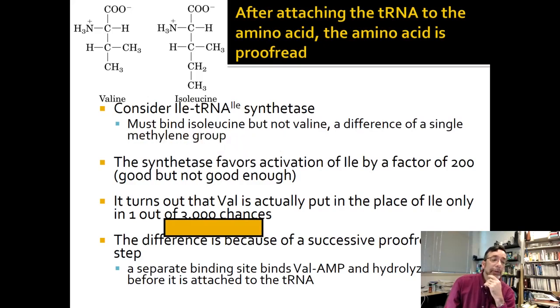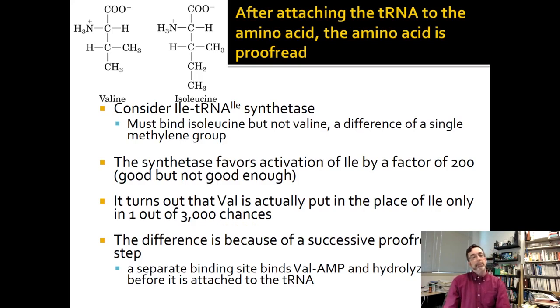So it turns out that the synthetase itself has a binding site that fits isoleucine, but it's only able to discriminate by a factor of 200. For every 200 isoleucines that it binds, a valine accidentally gets in. Yet valine is there only in 1 out of 3,000 chances.